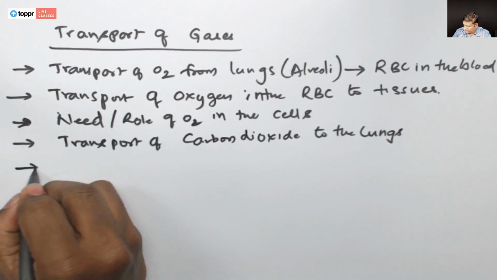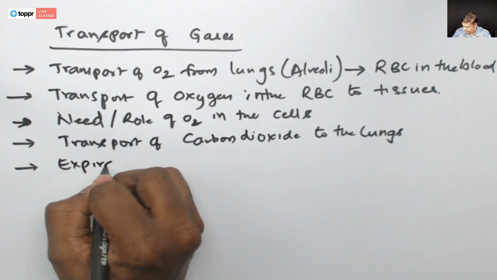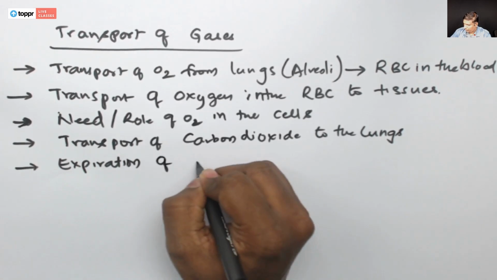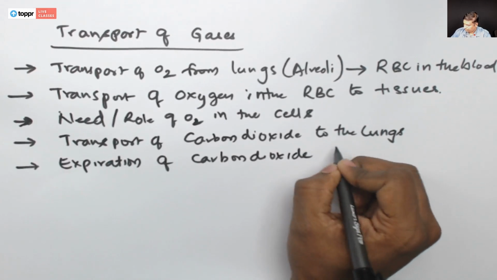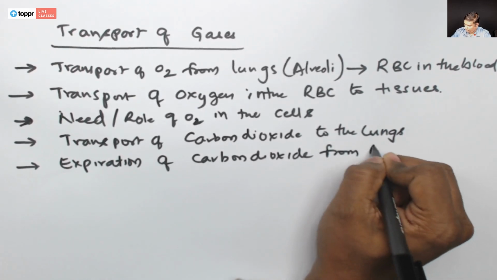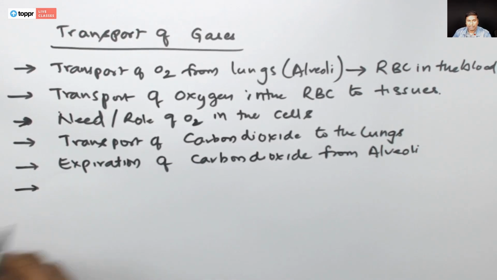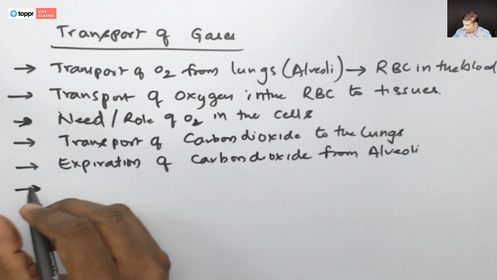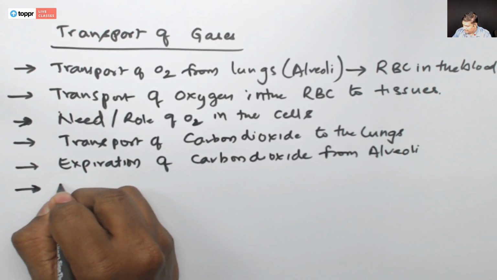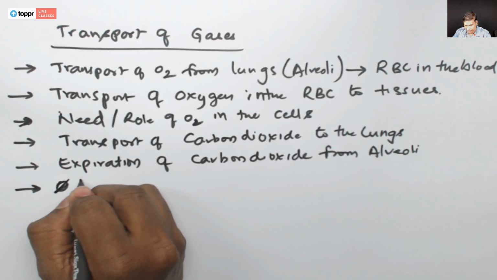Okay, and then finally expiration of carbon dioxide from the alveoli of lungs. Okay, how carbon dioxide is finally released out, and then we'll discuss hemoglobin oxygen dissociation curve.